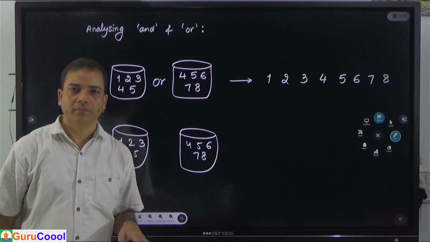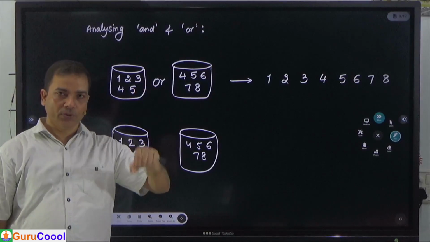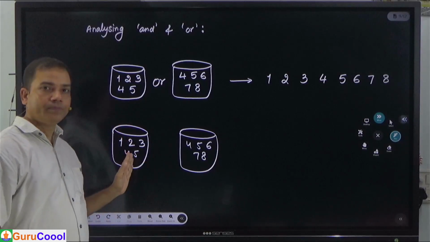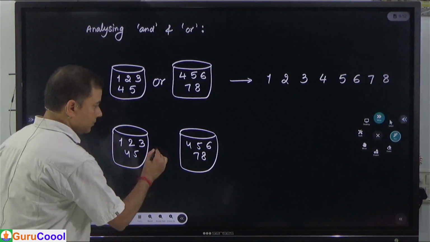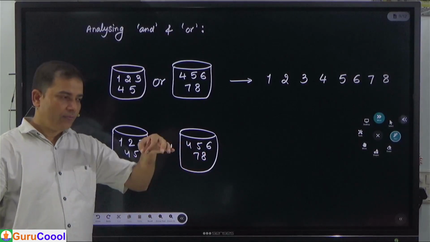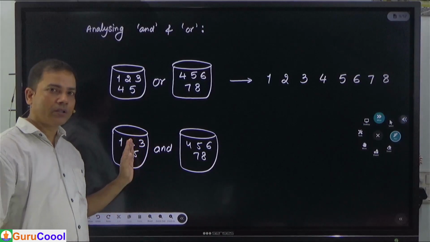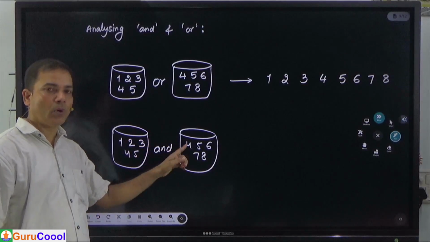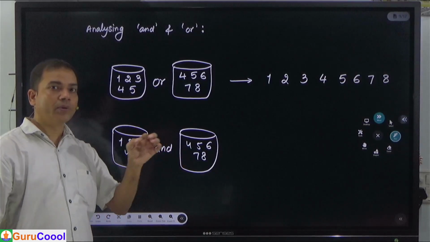This time you are told if you draw a card with a number which is in this box and this box, means both of them, then you will be the winner.